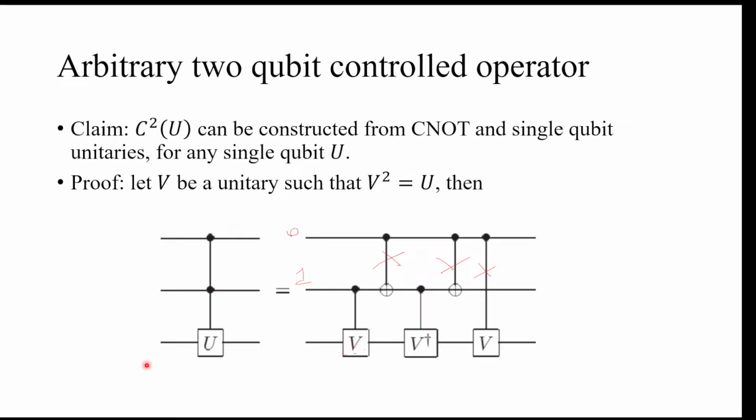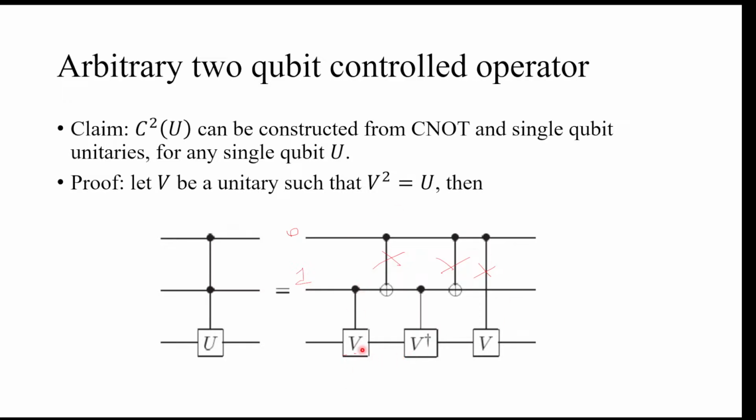And first, we need to have a notation. So we need to find a unitary that is basically the square root of U. And it's easy to show that this thing always exists. Actually, there are multiple V that satisfy this, but we only need one of them. Okay, so let's assume V is one of the square roots of U. So V squared equal to U. Then this controlled U will equal to just this circuit.